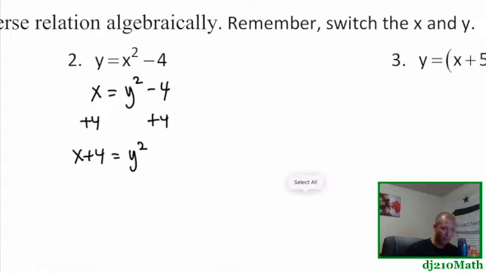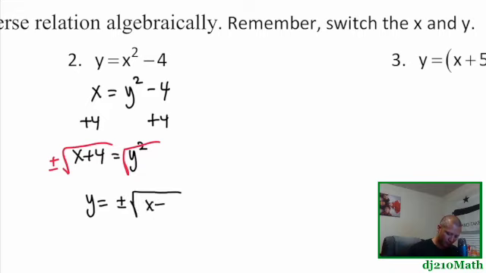All right, to get y by itself, I have to take a square root of both sides. And always remember plus or minus. Always plus or minus. So our equation is going to be y is equal to plus or minus square root of x plus 4.